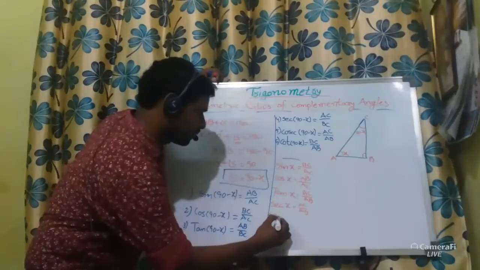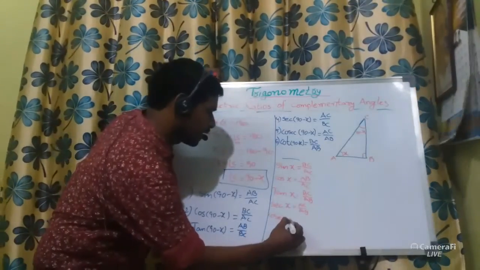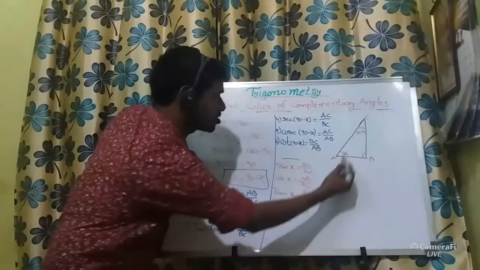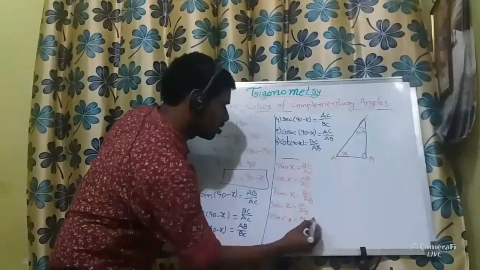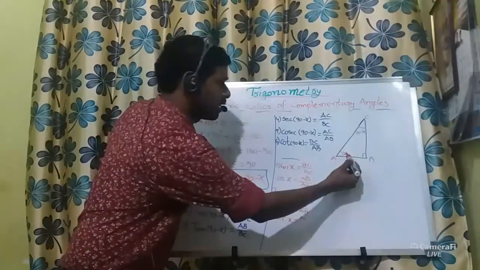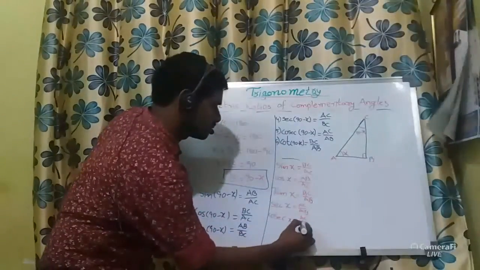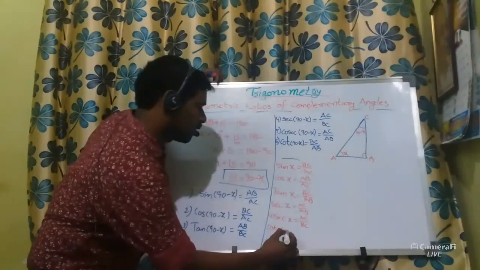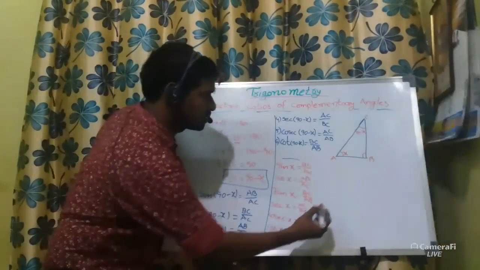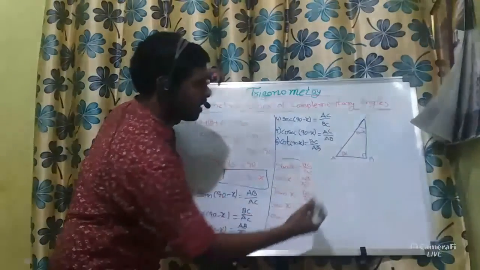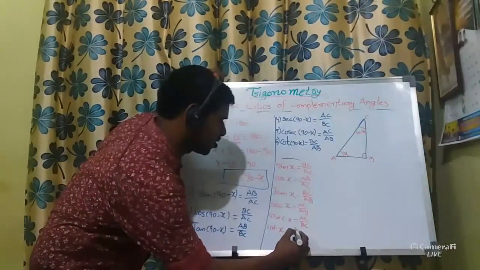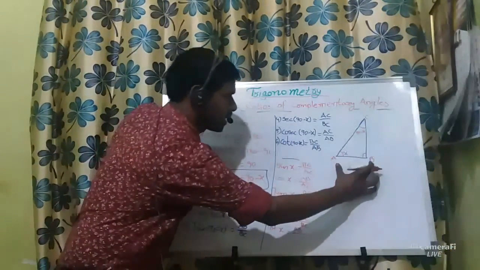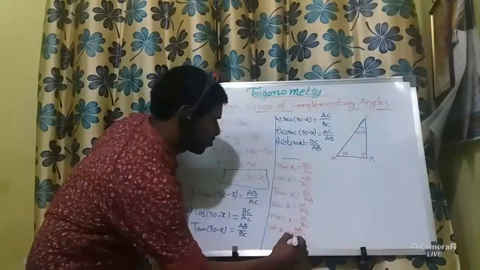And cosecant x is hypotenuse AC by opposite side BC. Cot x means adjacent side AB by opposite side BC.